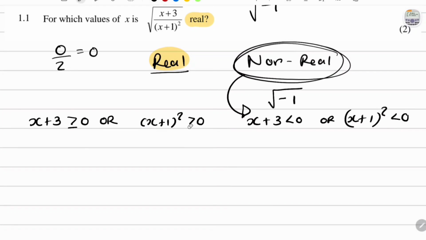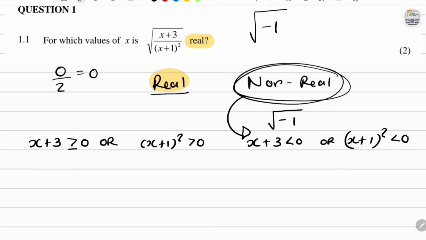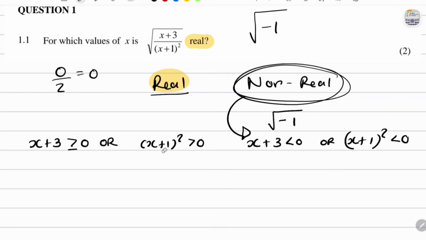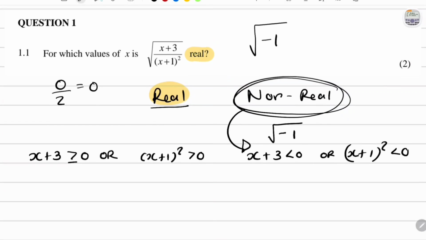And let's also look at this to see if there's anything else that we need to do here. With this one, can this be greater than or equal to 0 as well? Can it also be equal to 0? Well, you have to think about that. That is a denominator. If you make your denominator equal to 0, for example, 2 over 0, what happens there? You get a number that is undefined.